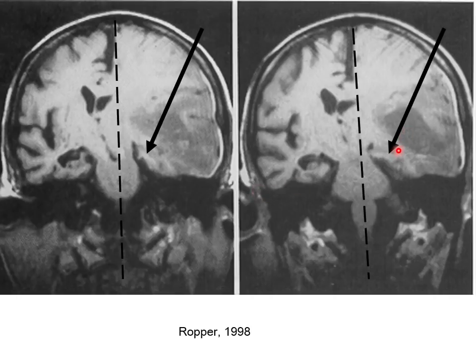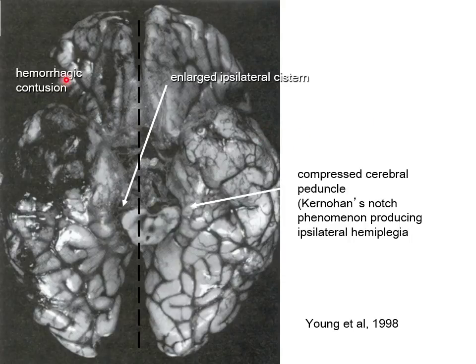We can see an example of herniation, in this case with a mass lesion in a supratentorial location that is distorting brain across the midline, and we can see that there's pressure right on the brainstem at this location, this being the pons. It's coming in between the midbrain and the pons, as well as structures just above it. We can also see a hemorrhagic contusion in this setting, in which there's expansion of brain that pressed and distorted the entire brain to press over on the brainstem, pressing on the cerebral peduncle.